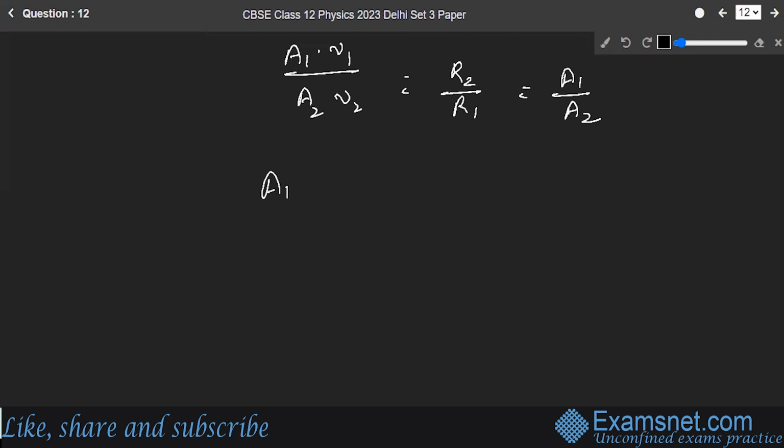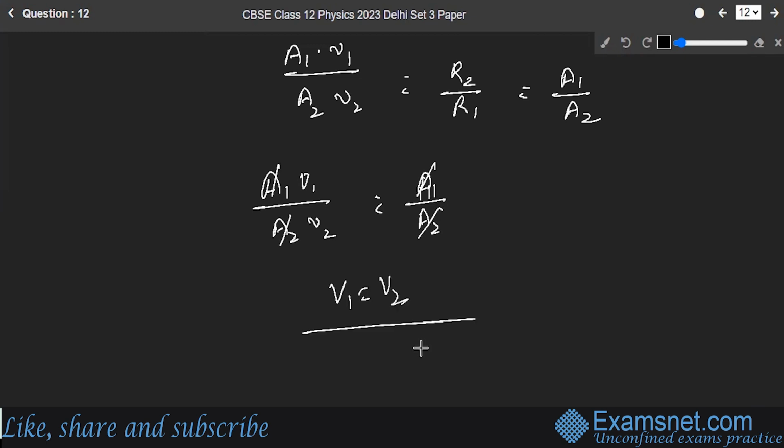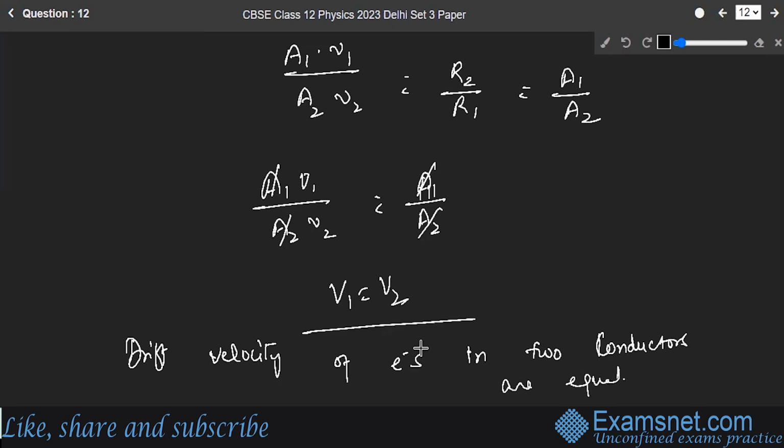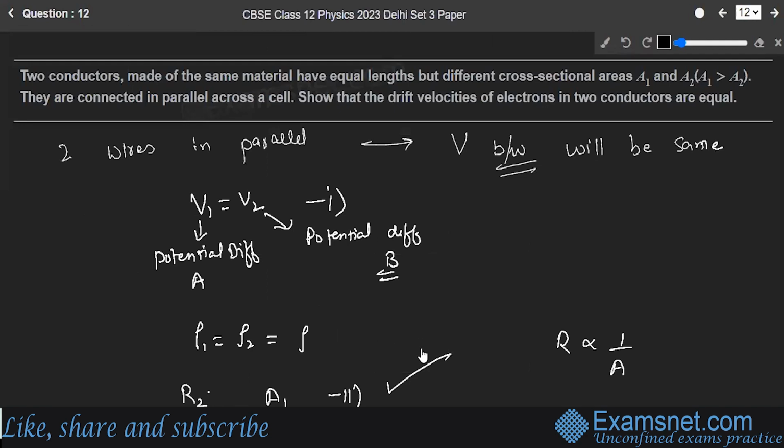So what will happen? These are the velocities: V1 is equal to V2. So the drift velocities of the electrons in the two conductors are equal. Hope you're clear with this. So that's it.